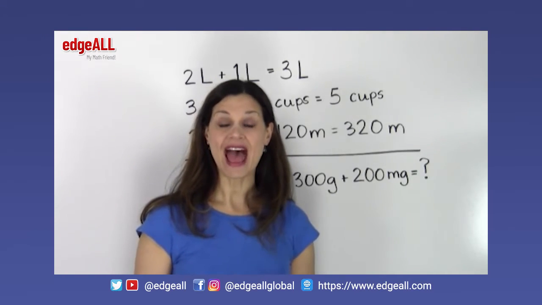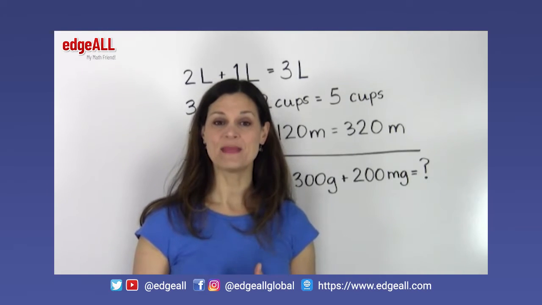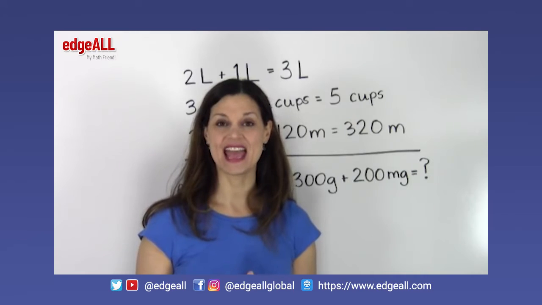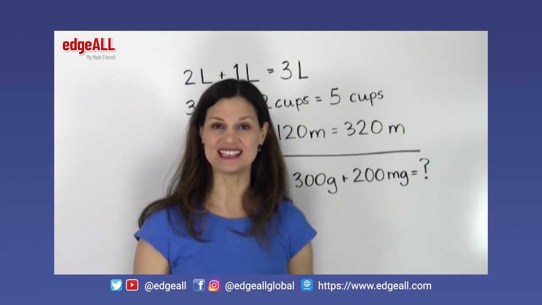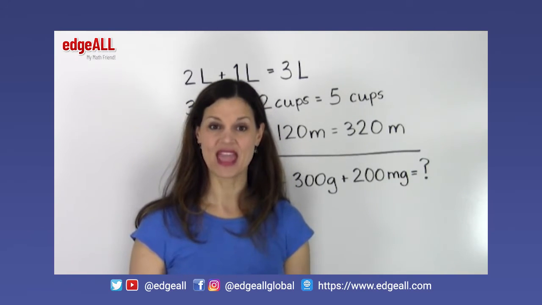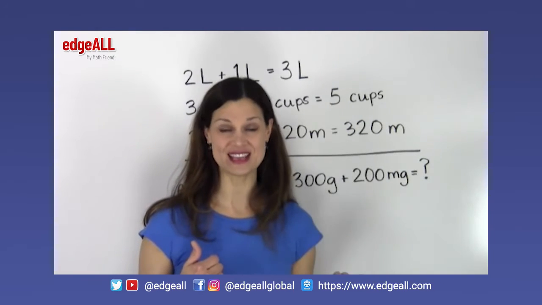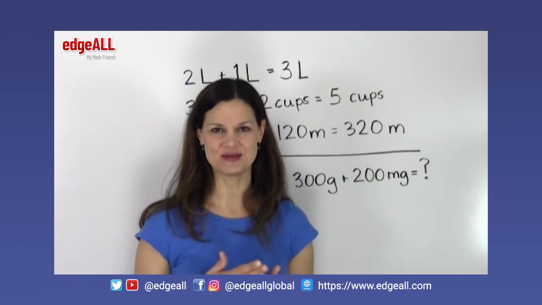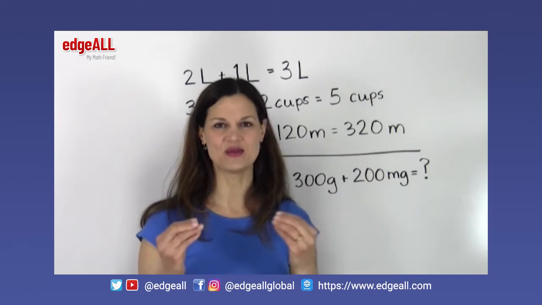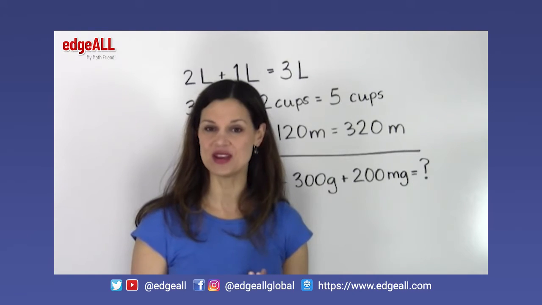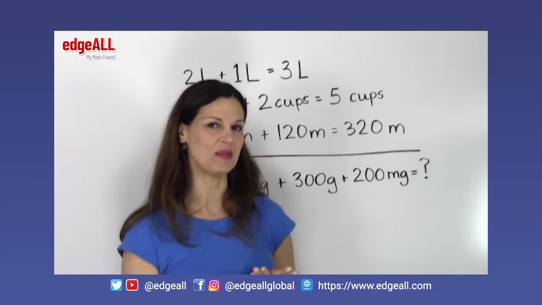When you are adding 2 units, make sure you convert all of them to 1 unit, and it can be any of the units in your addition problem. If you are adding 3 numbers with 3 different units, be sure you convert all 3 of them to 1 unit, and again, it can be any of the units in the addition problem.